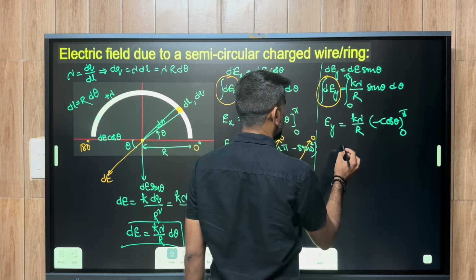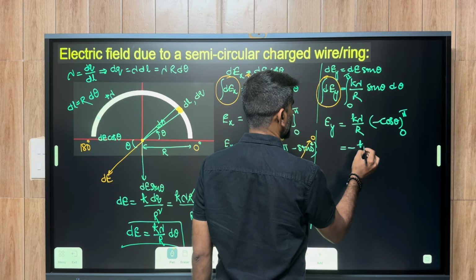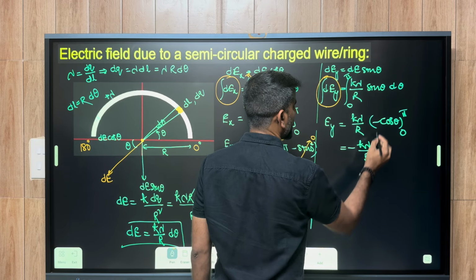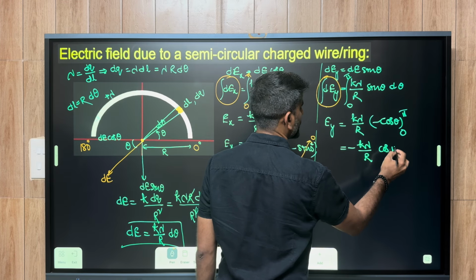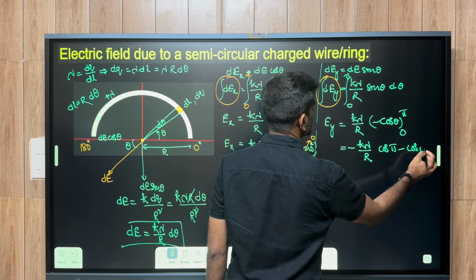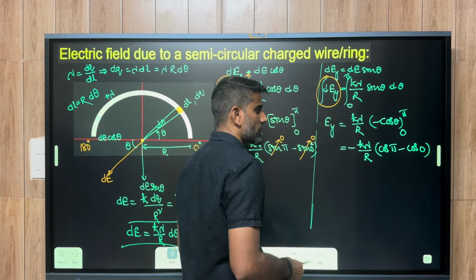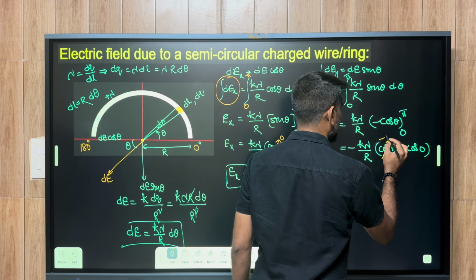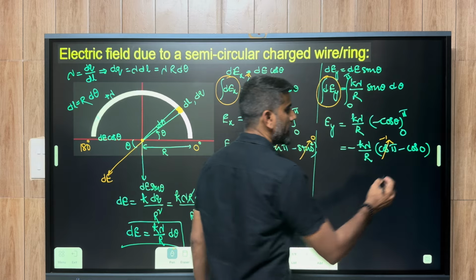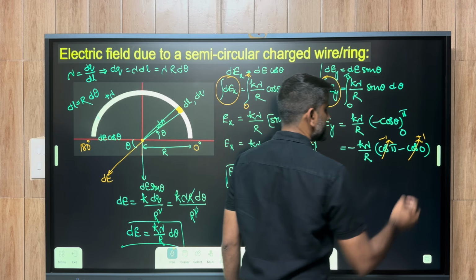So minus k lambda by r times (cos pi minus cos 0). Cos pi is minus 1 and cos 0 is plus 1.